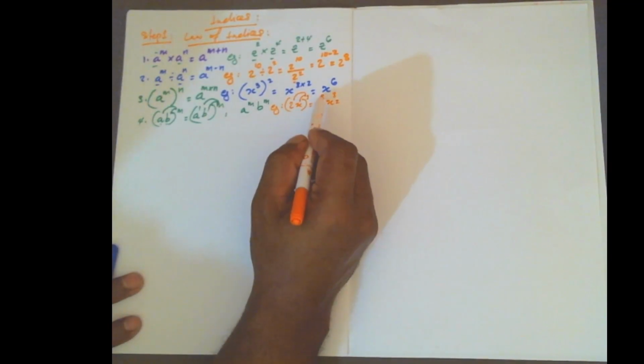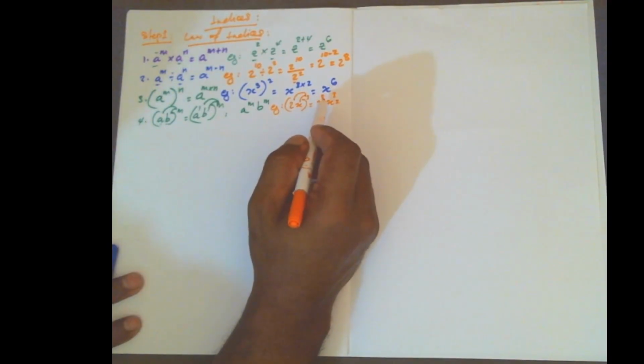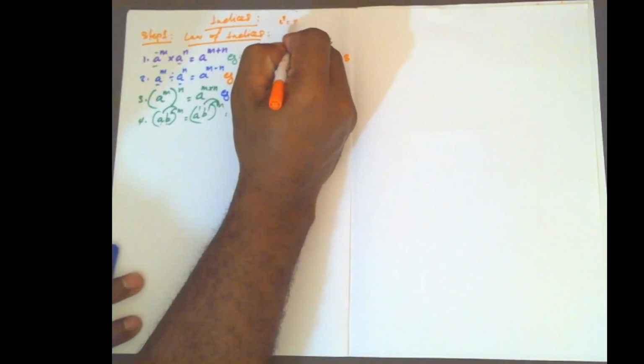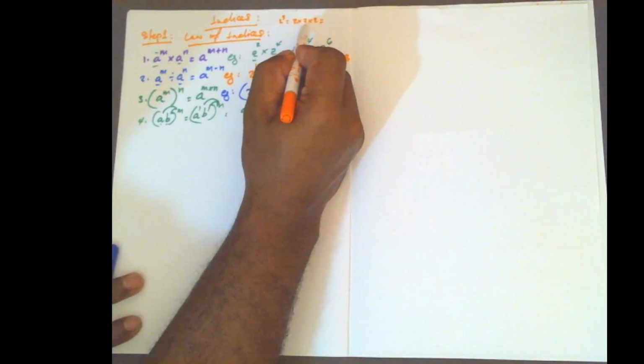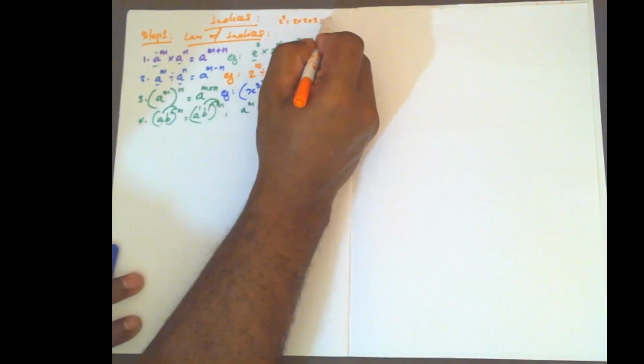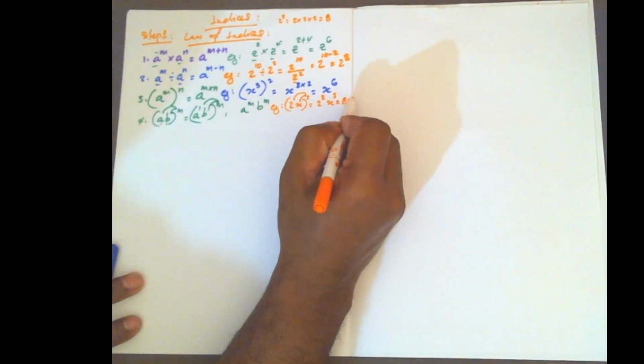And what is 2 to the power of 3? 2 to the power of 3 is 2 multiplied by itself 3 times. So 2 times 2 is 4, 4 times 2 is 8. So this is 8x to the power of 3.